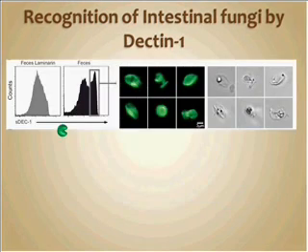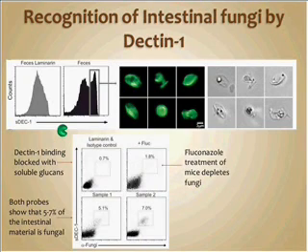We can also use that as a probe in flow cytometry to look at mouse fecal content and see a peak of material here that is recognized specifically by Dectin-1. Okay, you can sort that out, and you can see that the material recognized here has fungal morphology. And this bit of data, I think, is really, really important. If we look at fecal material here by flow cytometry stained with the soluble Dectin-1 and the antifungal antibody that I showed you, what you see is that both of these probes recognize essentially the same material.